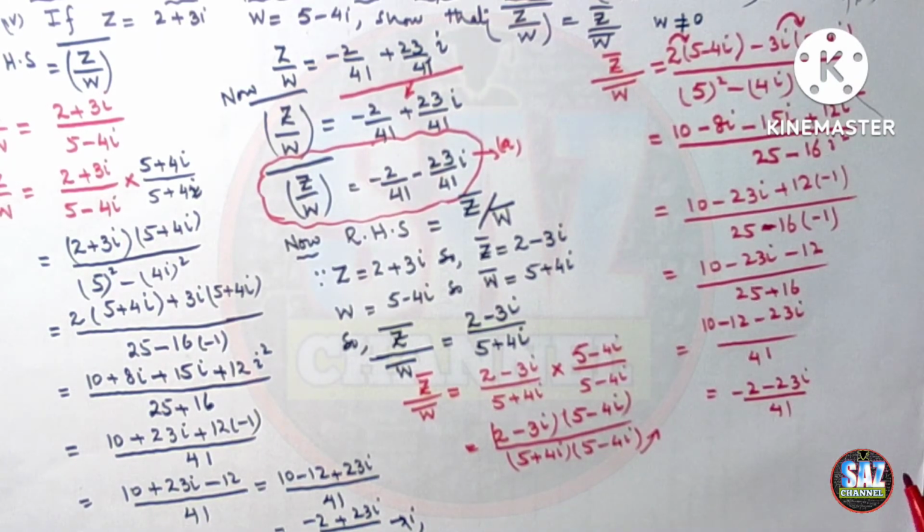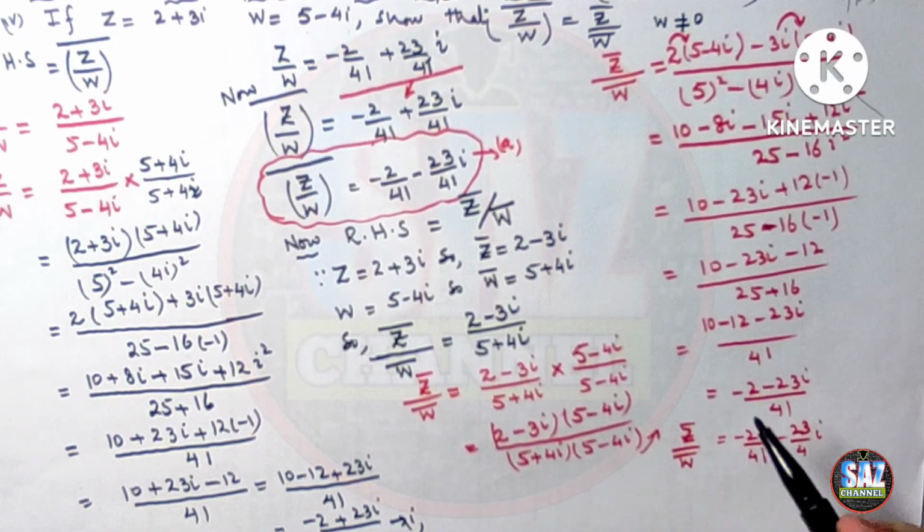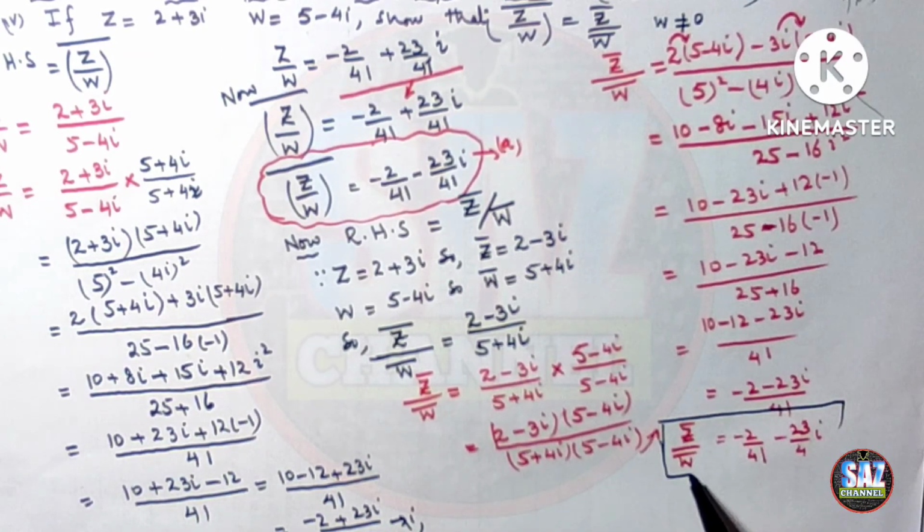Okay, now I can write it in this form, minus 2 by 41 and minus 23 by 41 iota, and this is the answer of Z bar upon W bar. Quite a long question. Okay, you have to be extra careful about each and every step. And then let me write it as B.